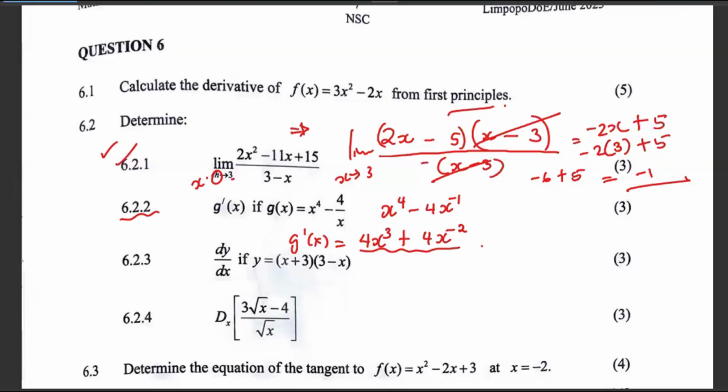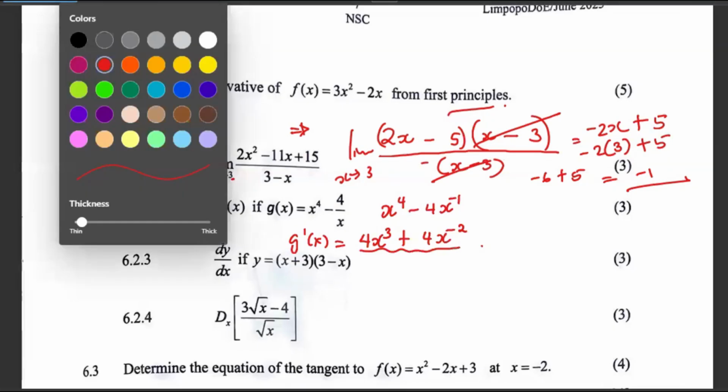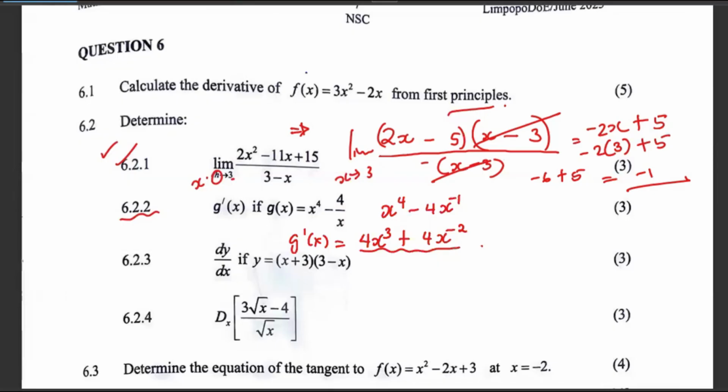6.2.3, they also want us to find the derivative. If y is this, we open the bracket. So that's going to be 3x minus x squared plus 9 minus 3x. Does that make sense?